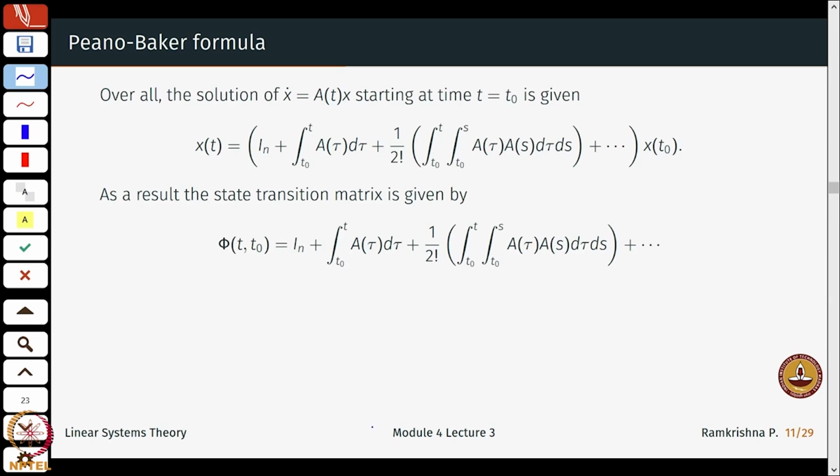Okay, so to conclude here about the solution, we say that x of t is given by this solution, with a lot of integral terms in the middle, and this thing inside the bracket is what I call the state transition matrix, phi of t starting at any initial condition t naught.